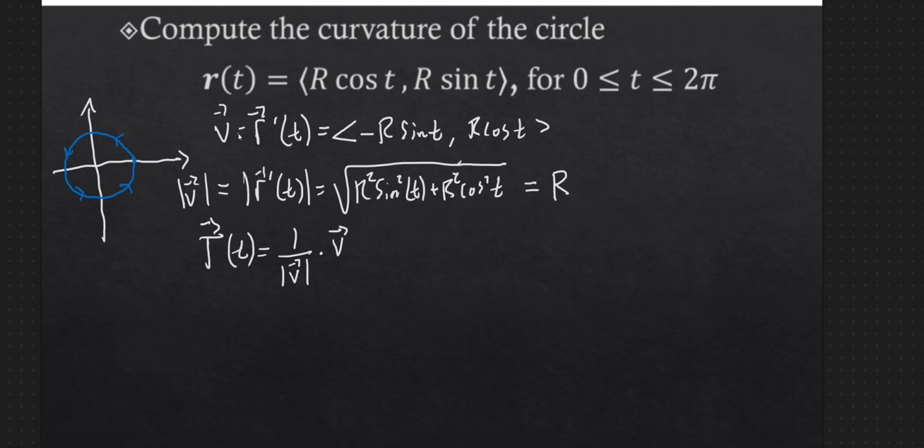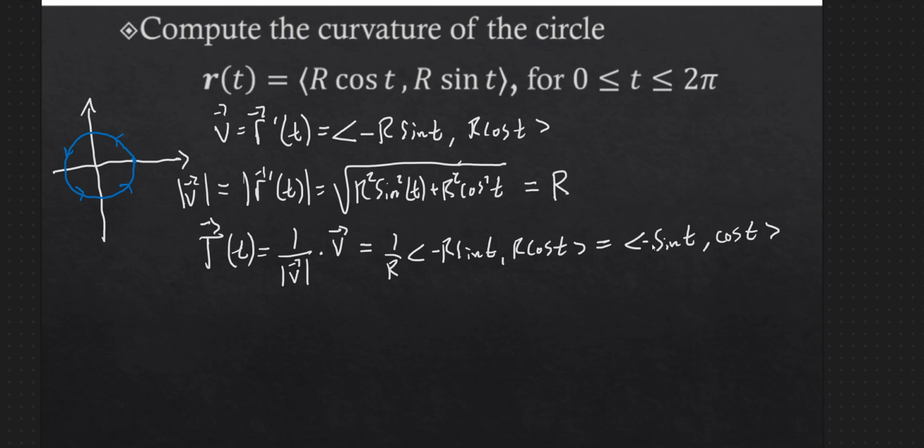This is the same thing as v. So this is 1 over r times minus r sine t, r cosine t. We can bring that 1 over r through, and we just get minus sine t, cosine t. So that's our unit tangent vector, right? It points up here, over there. We've gone through this example before.